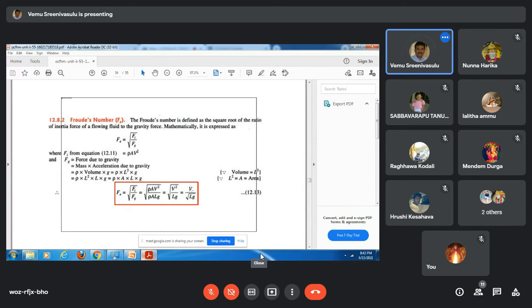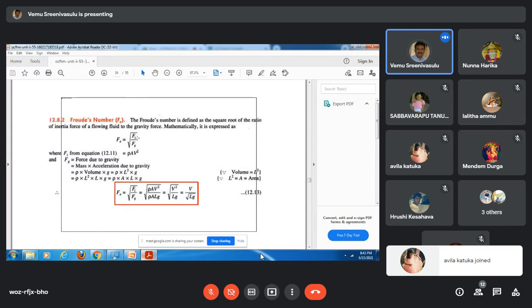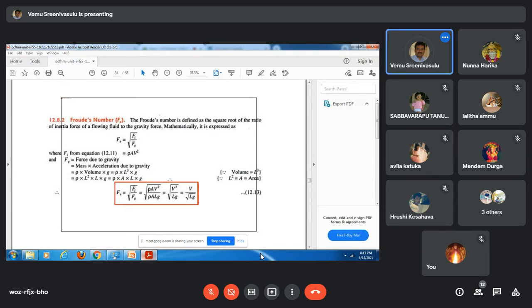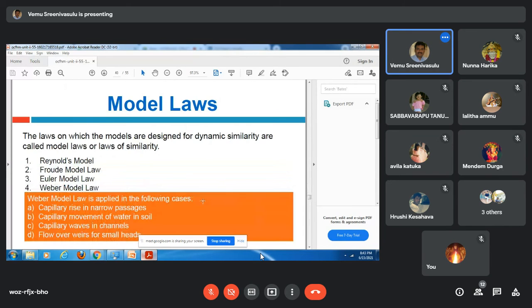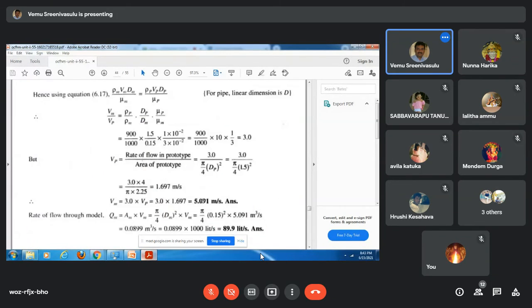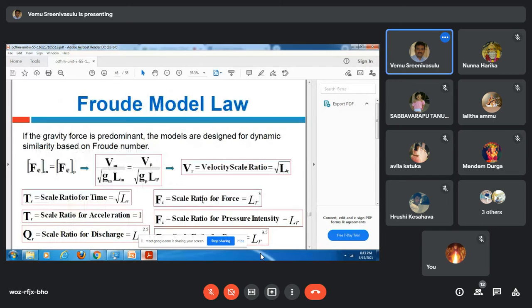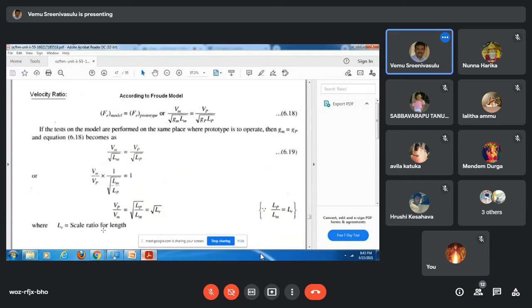Froude number is equal to V by square root of Lg. Okay. Right. So that is the square root of inertia force divided by force due to gravity. So that is V by square root of Lg. Okay.